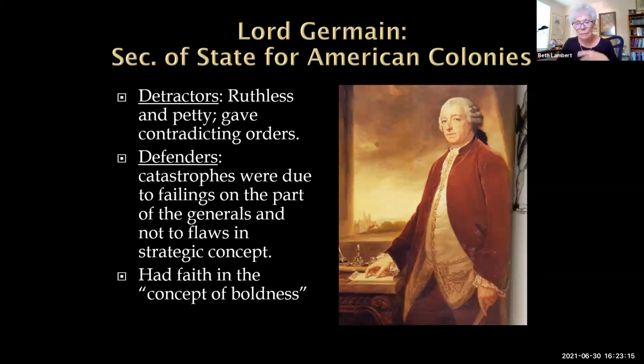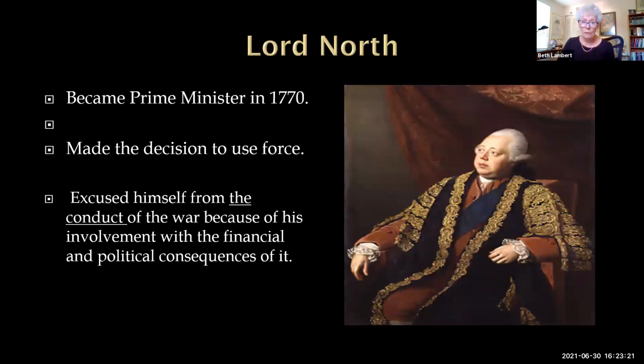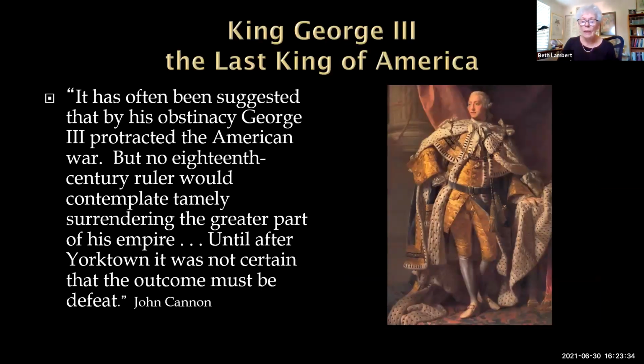So if you're going to micromanage something from afar where you've never been, figure it out. Poor Lord North, he wanted to get out of the whole thing. The king would not let him. He was prime minister at the time. And then the king, why didn't he just give in? Because no 18th century ruler would just give in to a bunch of rebel colonists.